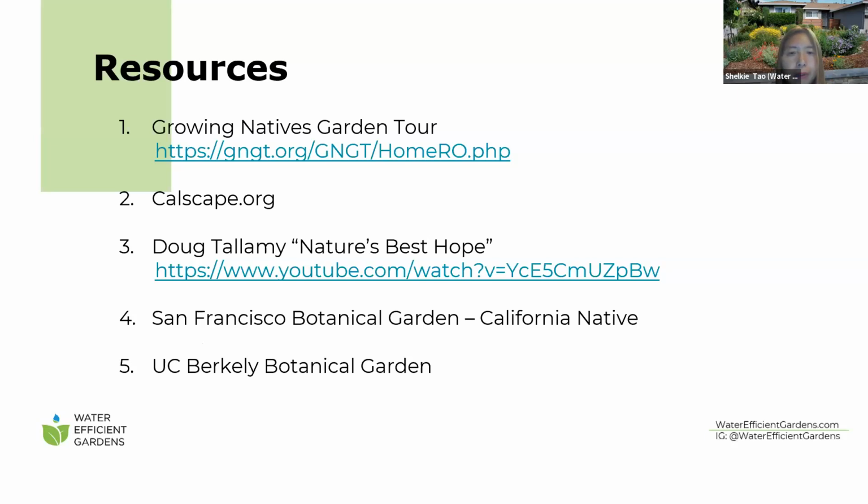So it's a very good place to go find out what all these different native plants are like. UC Berkeley Botanical Garden is another one. Actually, UC Santa Cruz as well. Both gardens have a dedicated native section and are very good places to learn about native plants.